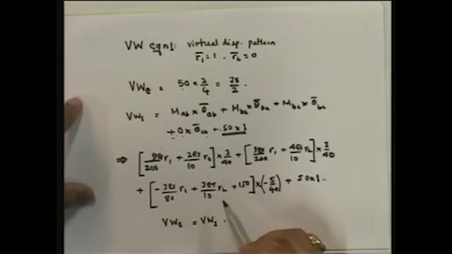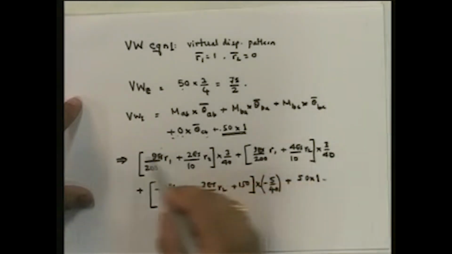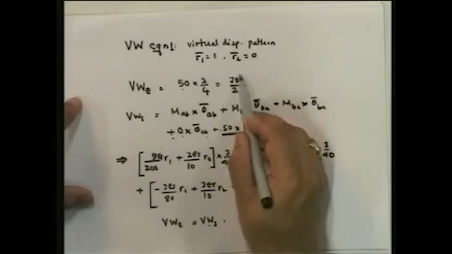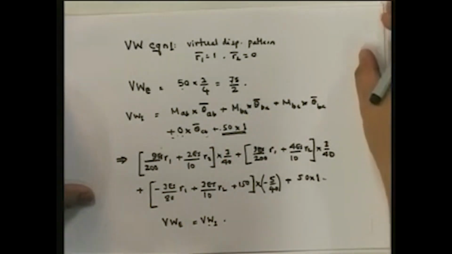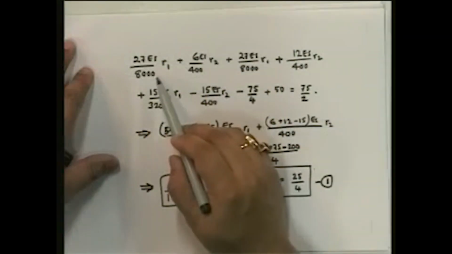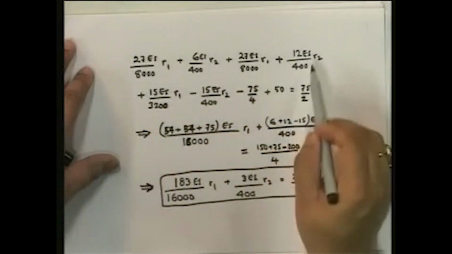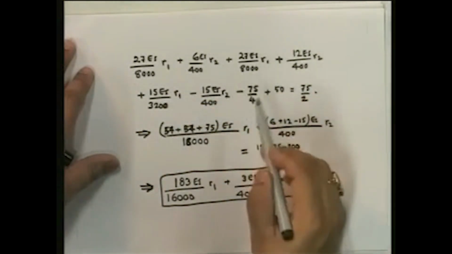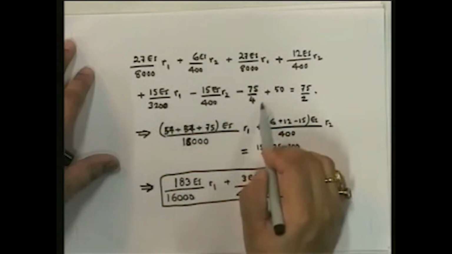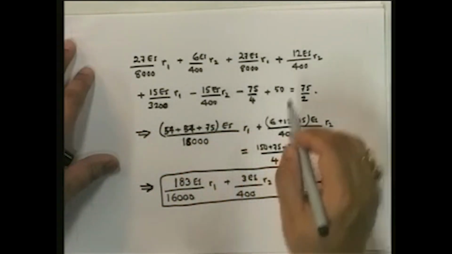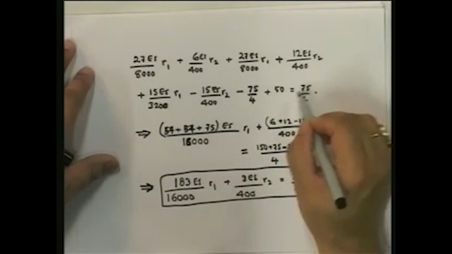Now the virtual work equation says external virtual work is equal to internal, so all we do is take this and equate it to this. I have multiplied all of those: this is the work done by MAB, this is the work done by MBA, this is the work done by MBC. This is the external virtual work.